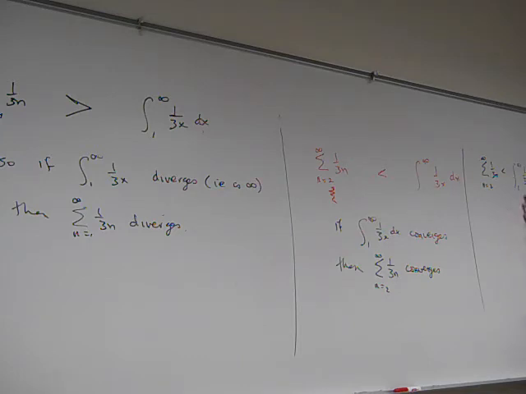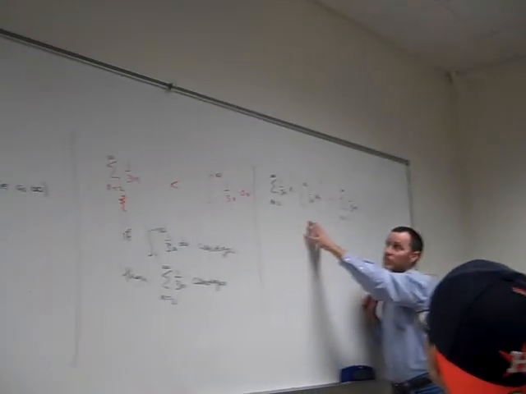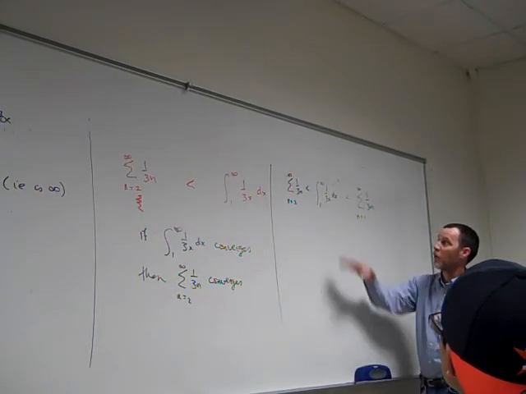So now, if this is infinity, what does that tell me about this one? What does less than infinity mean? Well, it doesn't mean anything, right? Let's go back to two statements we made before.